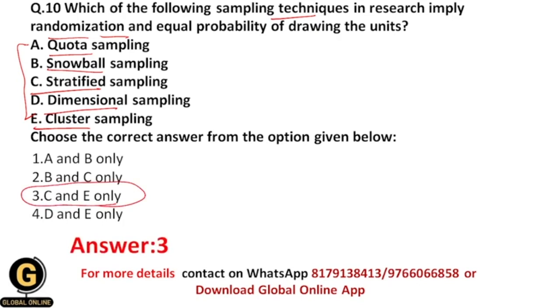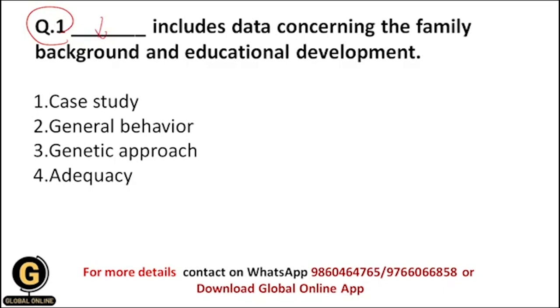Next: which research method or data collection method includes data concerning the family background and educational development? We have different options: case study, general behavior, genetic approach and adequacy.